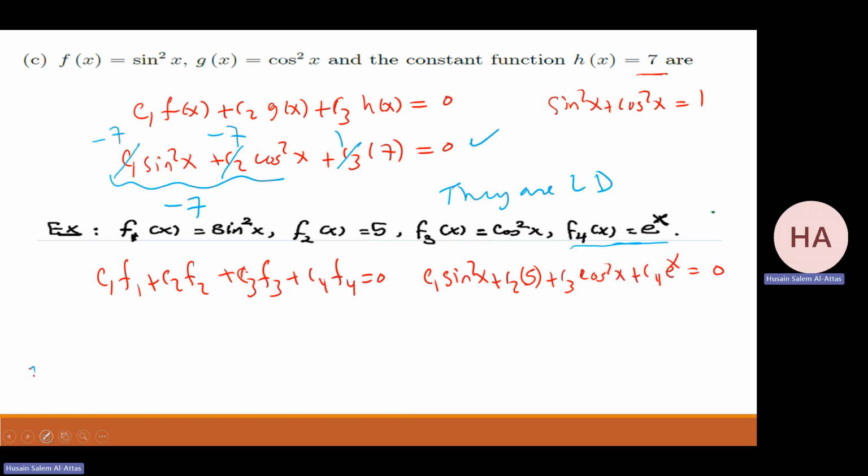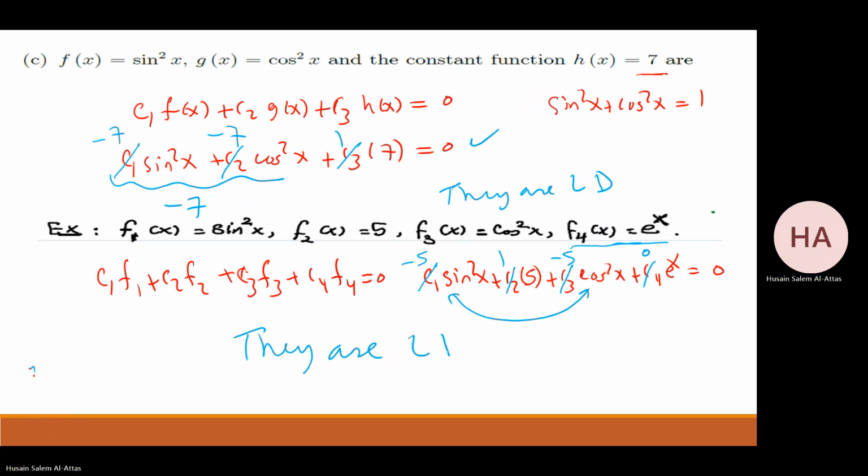So what I will do, I will take C1 and C3 as minus 5, C2 as 1, and C4 as 0. So these give me minus 5 plus 5, that is 0, and this will make it 0. So for sure they are linearly dependent.